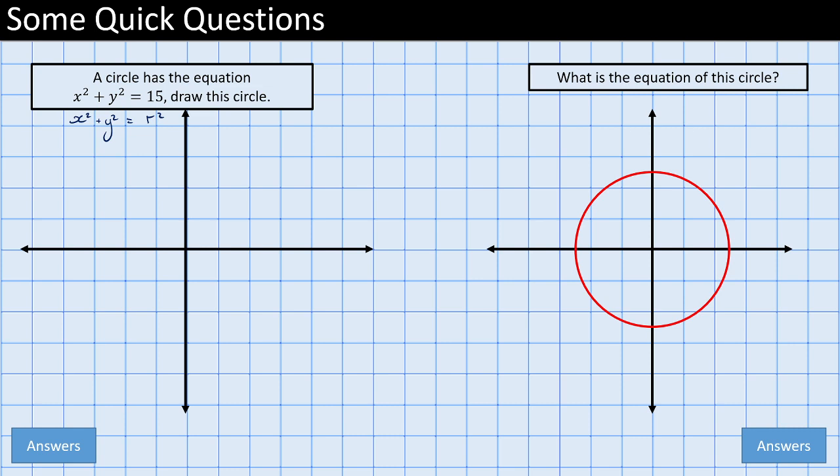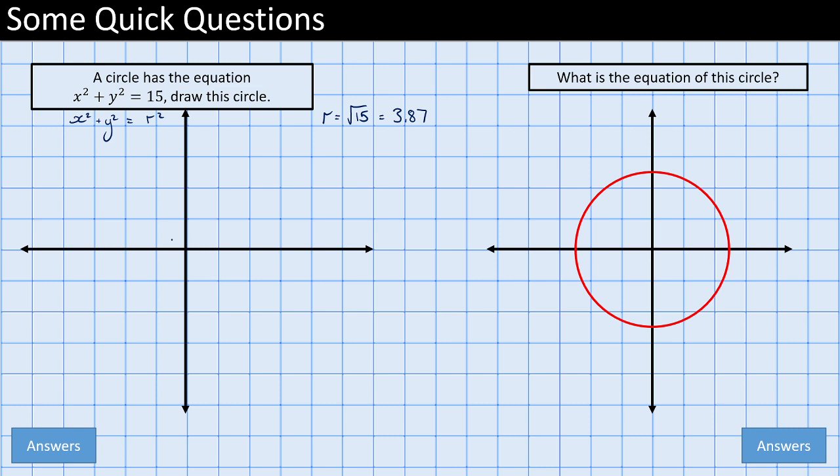So 15 is not my radius. 15 square rooted is equal to my radius. Okay, now my trusty calculator is to my right, and the root of 15 is 3.87. So not quite 4.